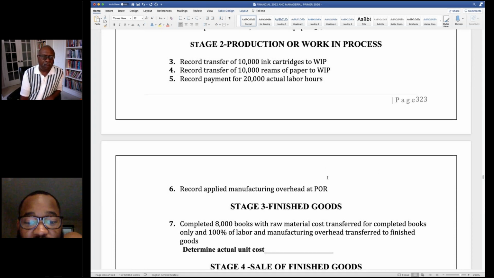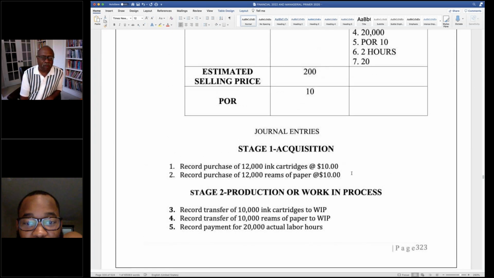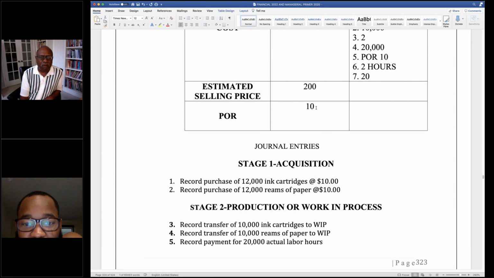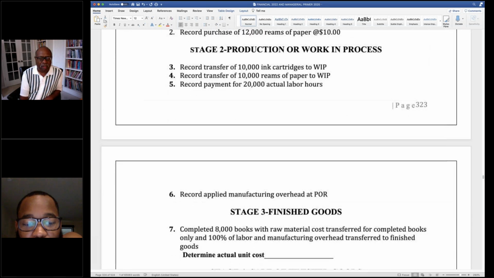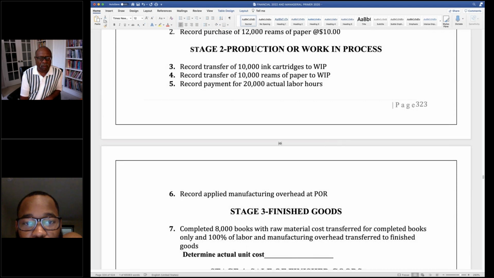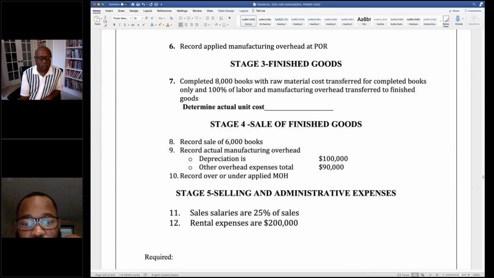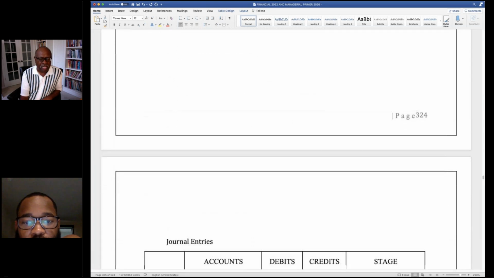First we go back to the assumptions to see what the POR was, which is 10. Multiply 20,000 times 10 and that will give you 200,000. We multiply it times the labor hours, because we're using labor hours to allocate it.